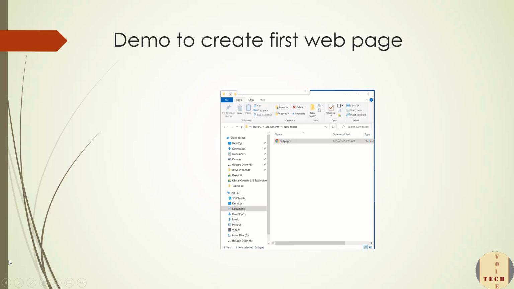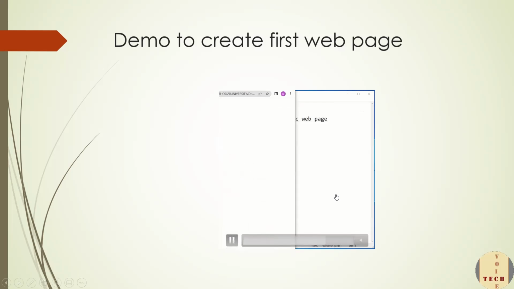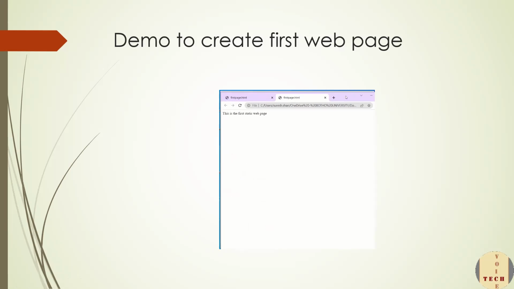Hello world is an easy one, so let's do a slightly different one. This is the demo we opened, and you can see that this is the first static web page. Now let's go to the next exercise.